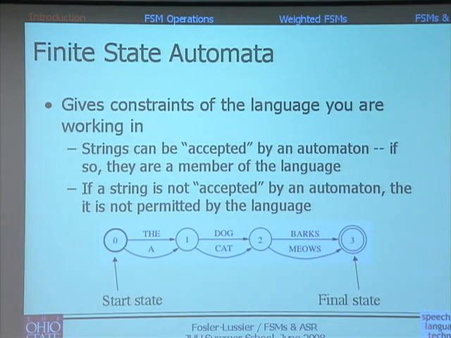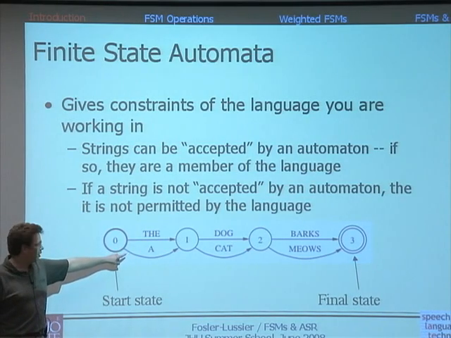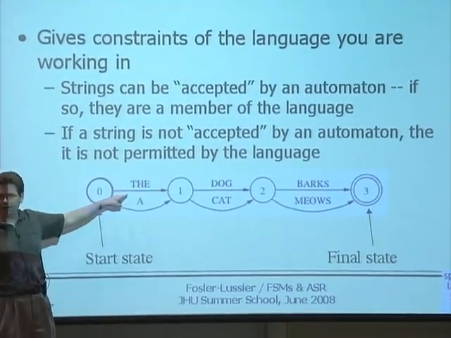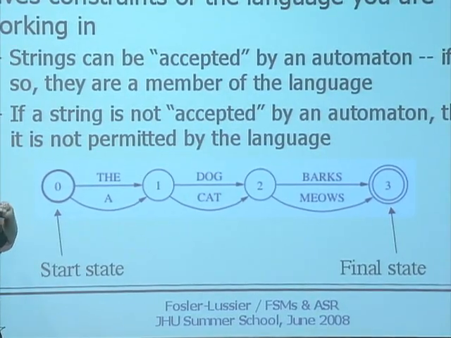So a finite state automaton basically gives constraints about the language that you're working in. The idea is that if you can find a path through this graph, then that corresponds to a sequence of labels in your language, so that string is accepted by this language.